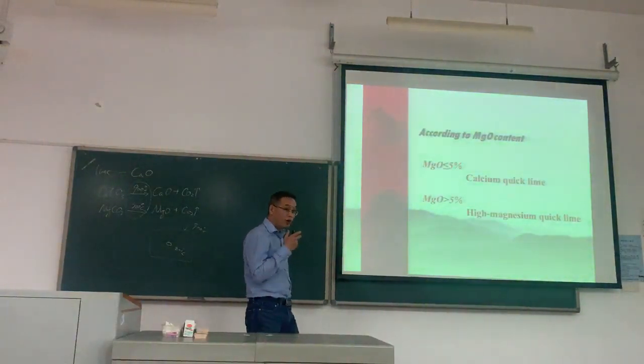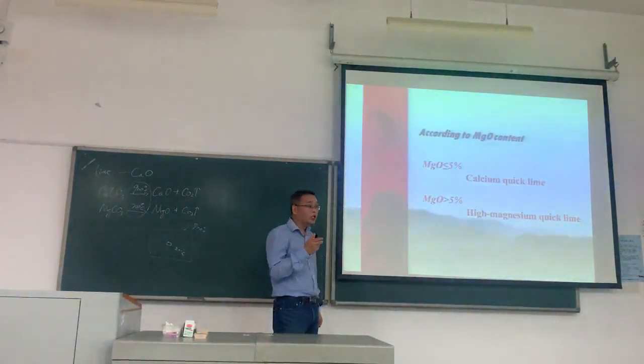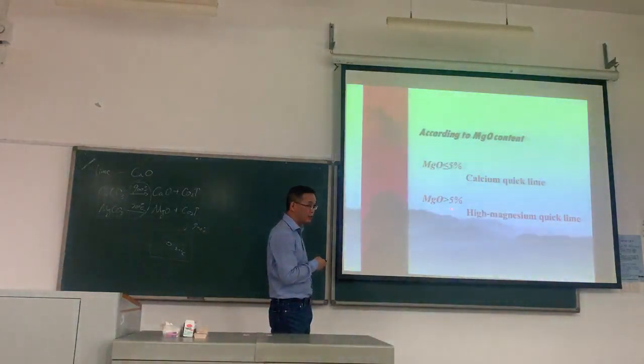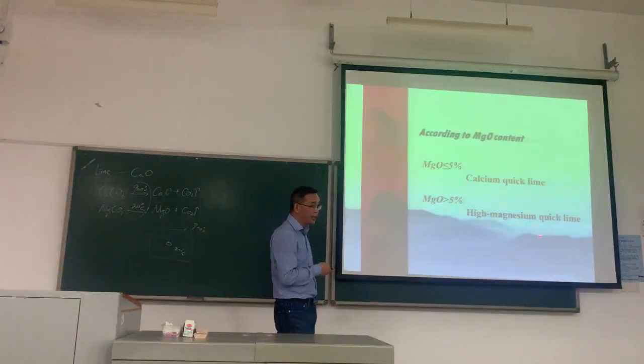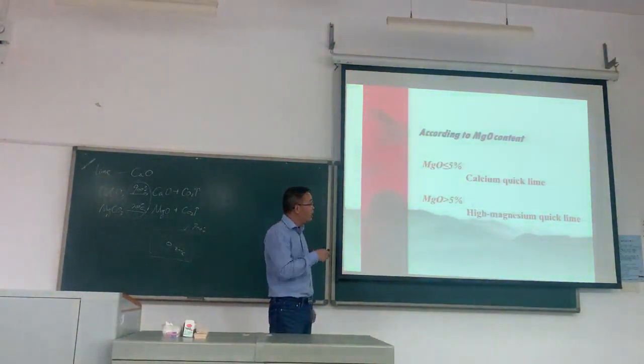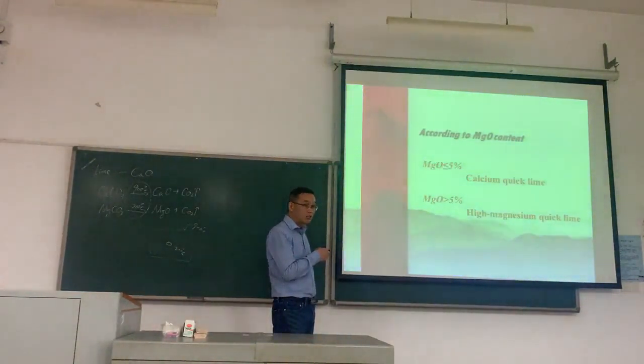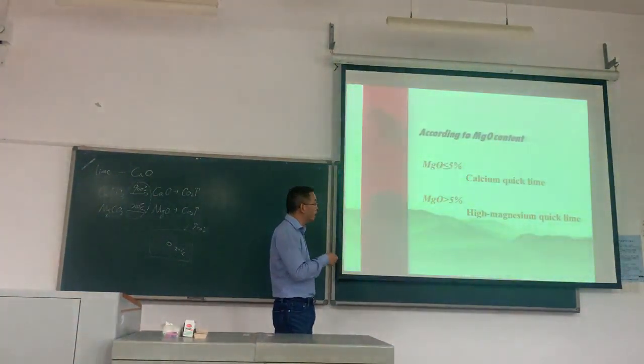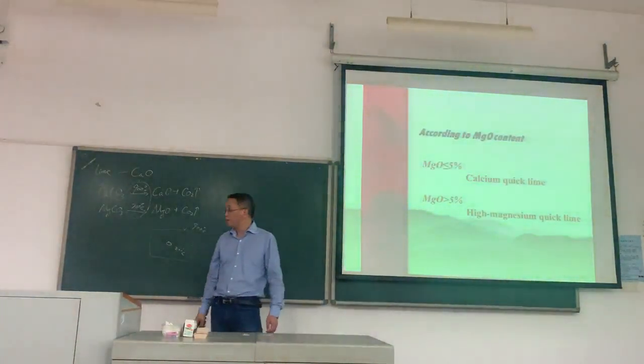If the magnesium oxide is up to 5%, we call it high magnesium lime. If it is below 5%, we call it calcium lime.